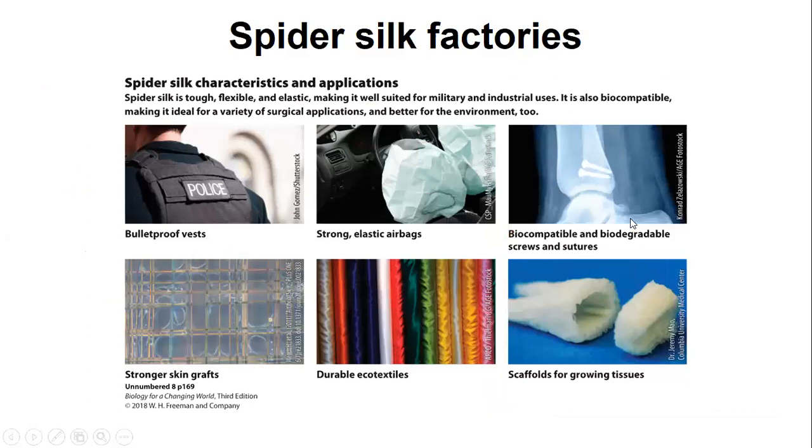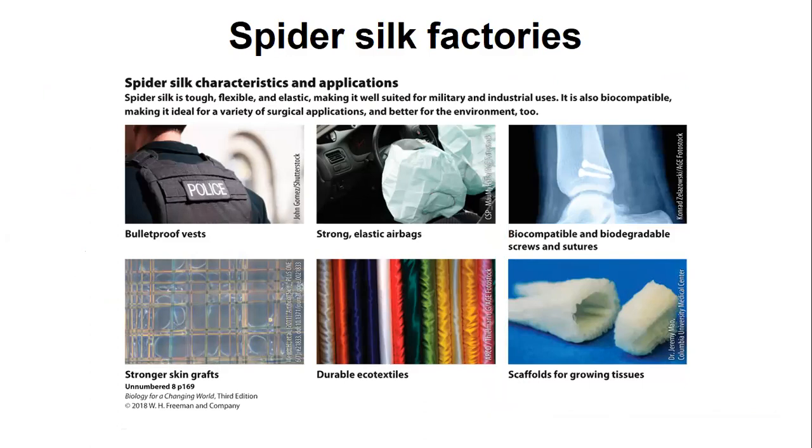Now, what are some of the characteristics of this? Spider silk is very tough. It's flexible, right? It has a lot of applications. Preview this here. Probably the one you're more familiar with is the bulletproof vest. Not all bulletproof vests have spider silk involved in them. Some of them use metal plates.